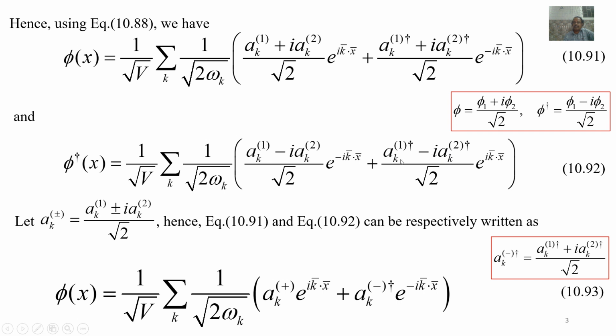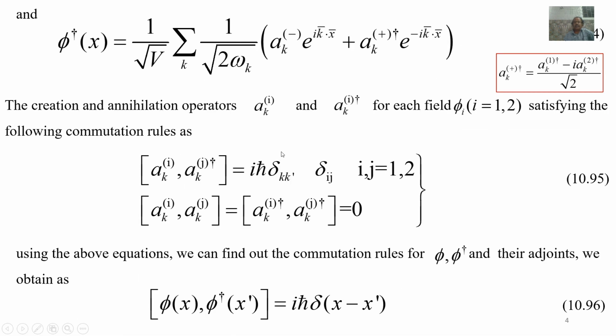So a_k1 dagger plus i a_k2 dagger. Minus becomes plus, so a_k1 plus i a_k2 dagger. This will become a_k plus, and this will become a_k minus. Look at this equation. So this is equation 10.94.